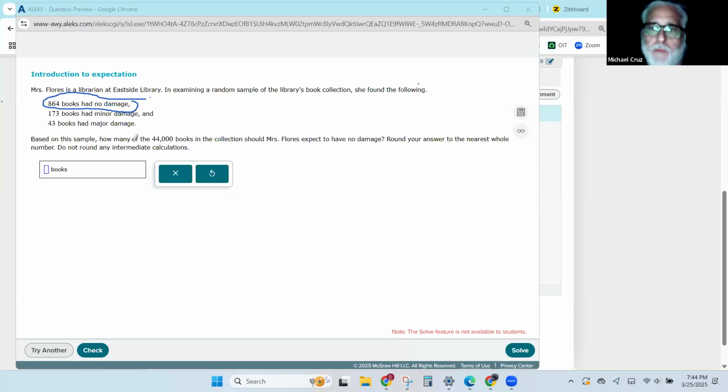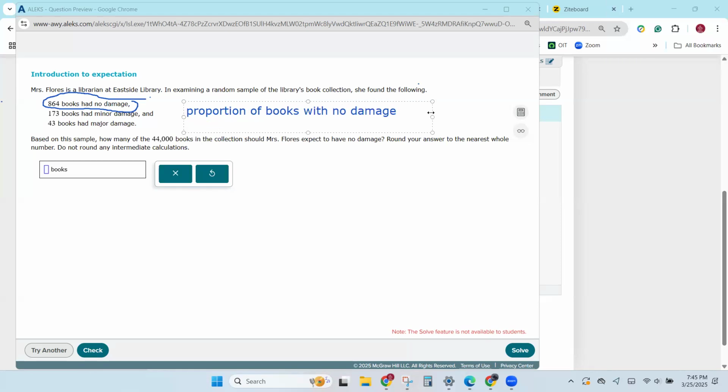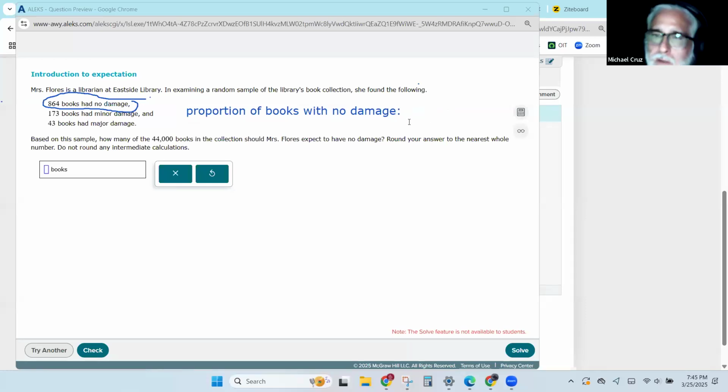All right. So I'm going to say proportion of books with no damage. All right.